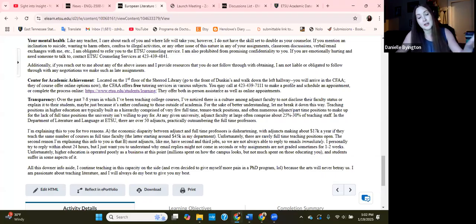So the economic disparity is egregious. And so many of us have a separate job that is our real job on the side. That's my case. Or some people have two or three jobs, because you can't live on 15 or $17,000 a year doing work that almost takes up a full-time schedule.